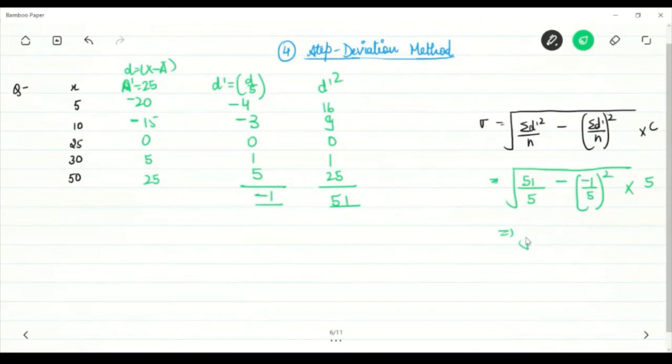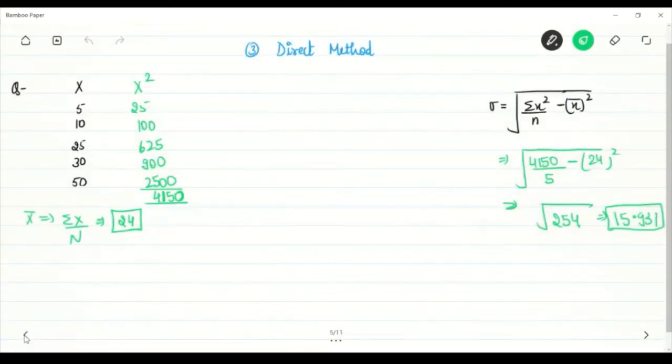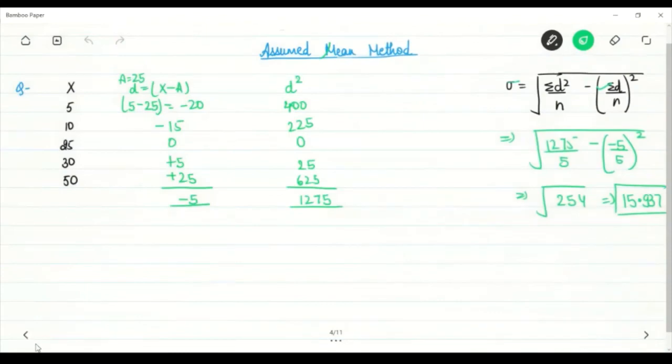The value will be 10.16 into 5, and this again gives us 15.937. So these were the 4 methods under ungrouped data to calculate standard deviation.